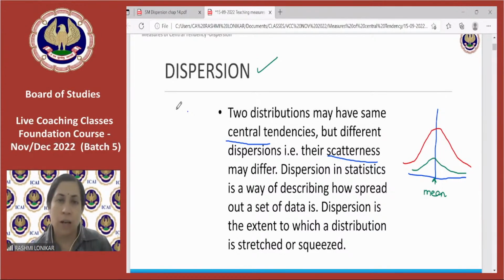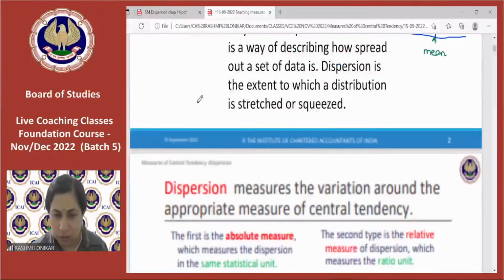For example, if I'm manufacturing something, maybe a small screw, and there is error in making it, what is the error? If the error is very narrow, it is good. If it is a very large spread, we don't want that. Similarly, we have various examples in practical life where the dispersion calculation is helpful while making decisions.